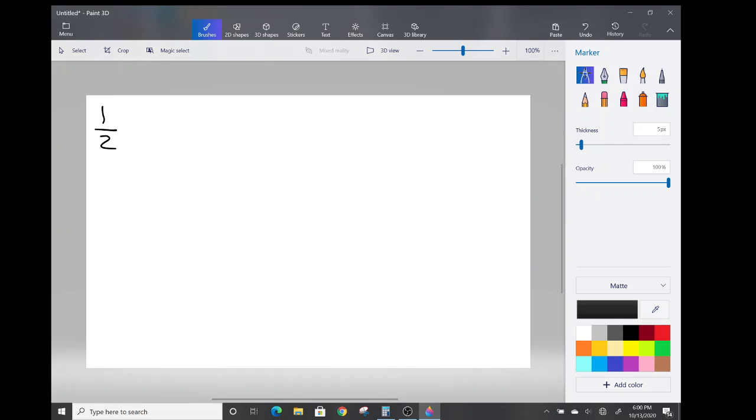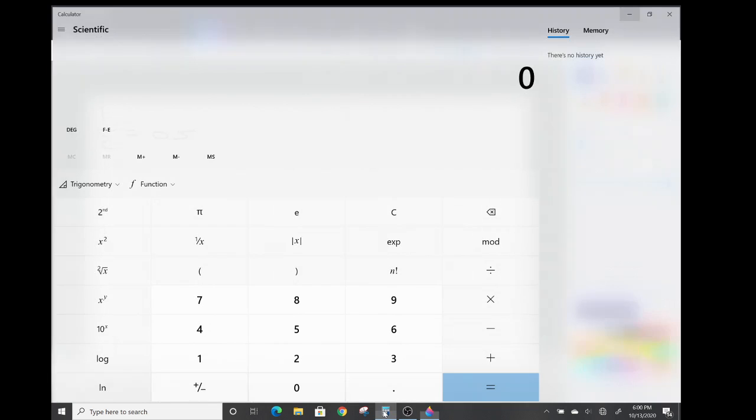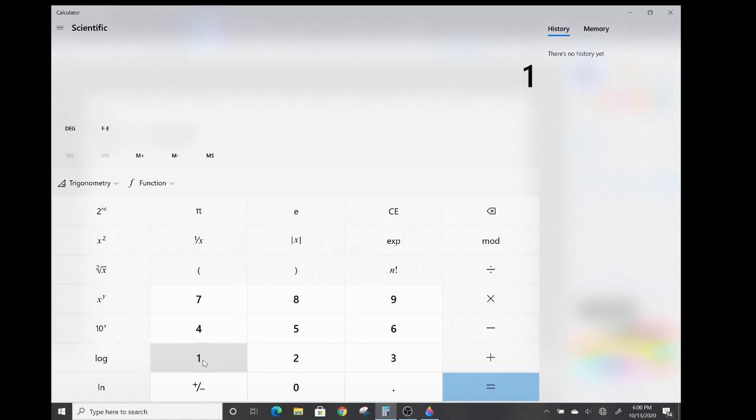Now the decimal equivalent of that, if we divide 1 by 2 with our calculator, we get 0.5. And if you don't believe me, you can do that yourself. You can come over and we'll get the calculator out. There's the calculator. 1 divided by 2 equals 0.5. You'll notice there's only 1 decimal place here, right?